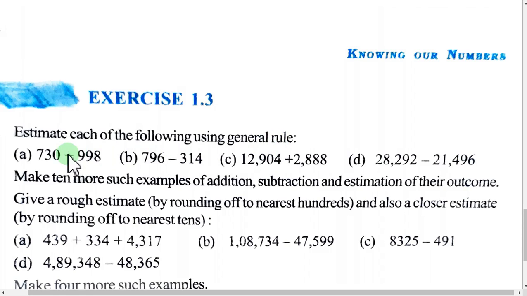Refer to those sums. 730 and 998, as I told you, use shortcut methods. And here 796 minus 314, difference. Here, for the smaller numbers, you have to round off to the thousands place, because this contains the thousands place. Here also you have to round off to the 10,000 place, because both contain the 10,000 place. Round off to 10,000 and find the difference. Refer to examples 1 and 2.